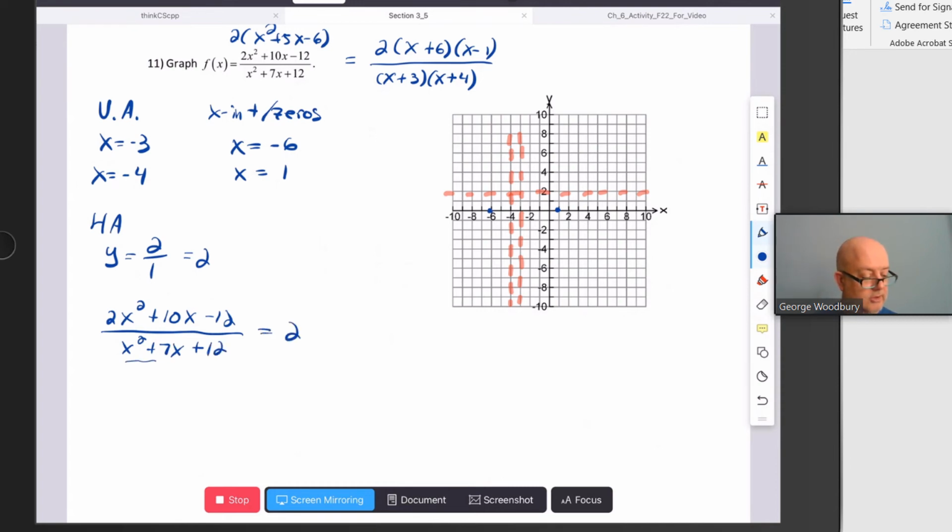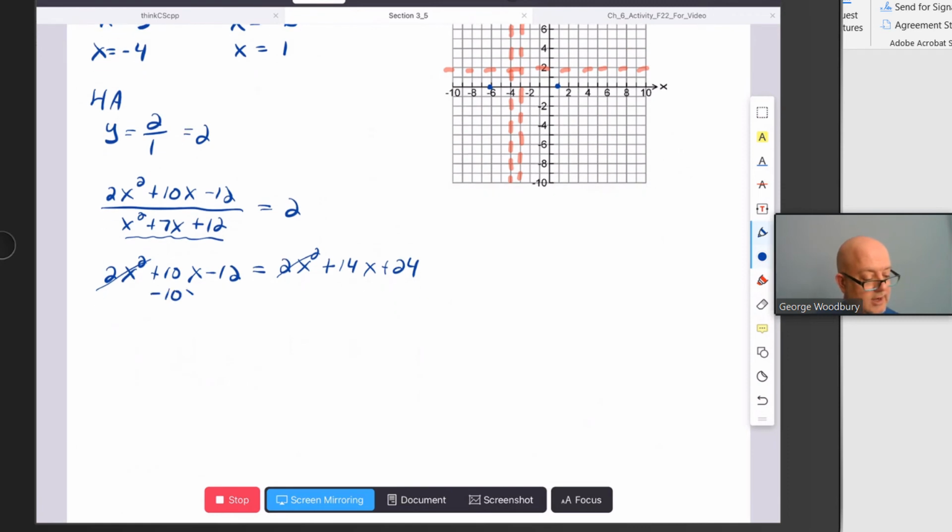Multiply both sides by the denominator. Gets us 2x squared plus 10x minus 12 remaining on the left. And distributing on the right, we get 2x squared plus 14x plus 24.